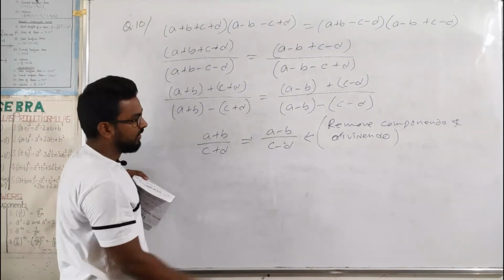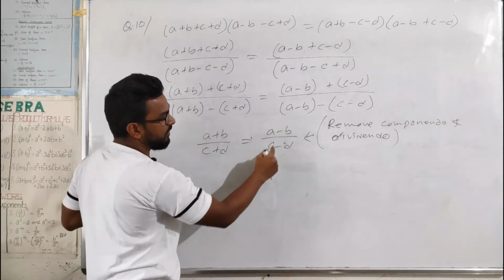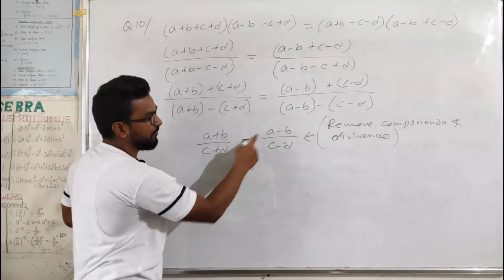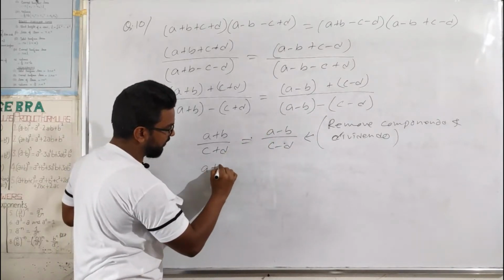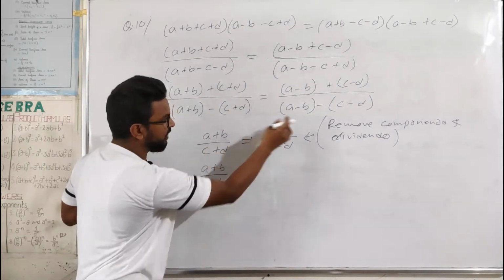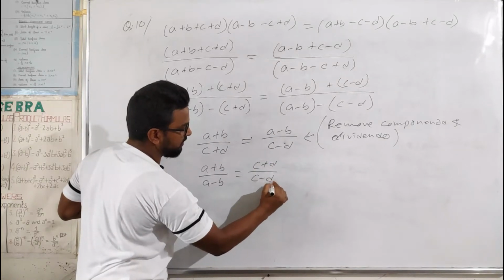Now again you see here a plus b and c plus d, and here a minus b and c minus d. So you try to exchange this one again. It will become a plus b by a minus b, and take this one to the other side, it will be in the numerator, and this will be c minus d.